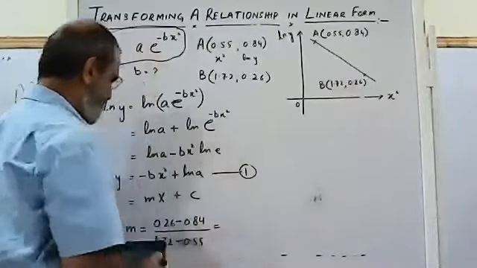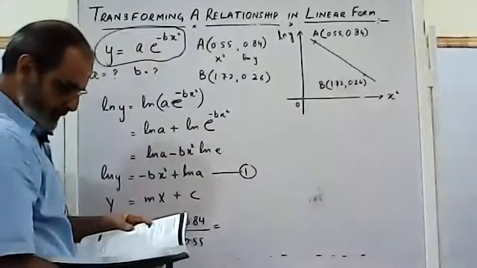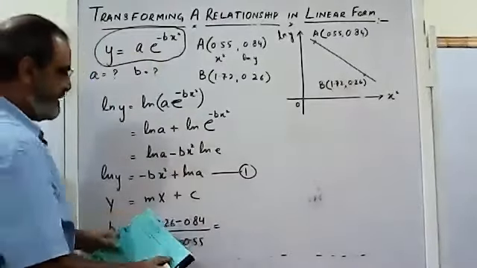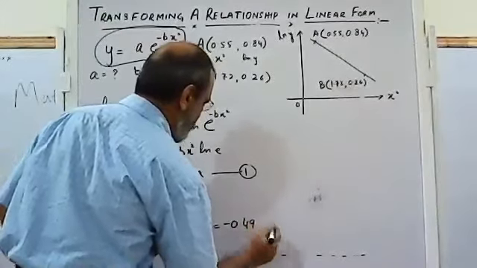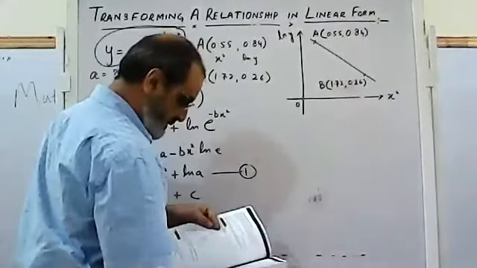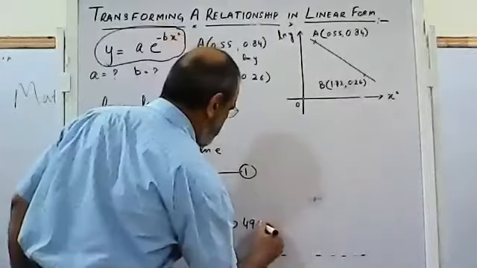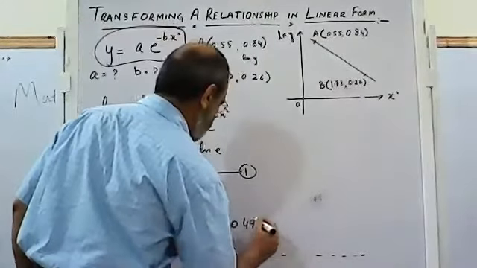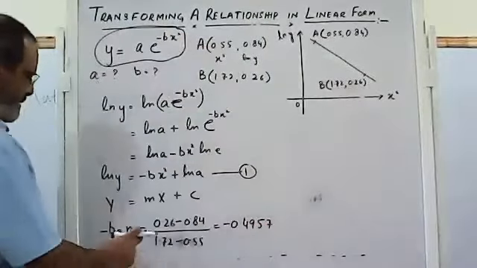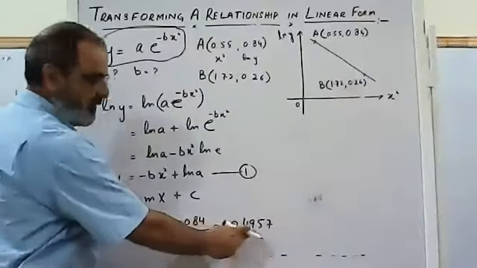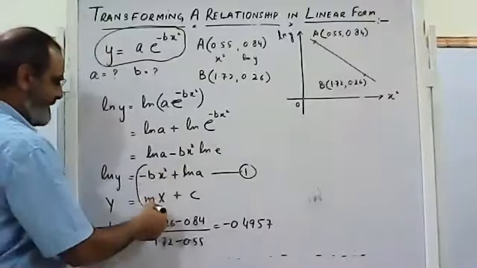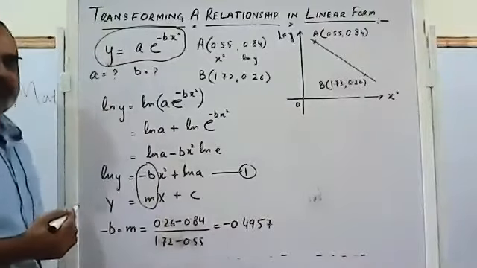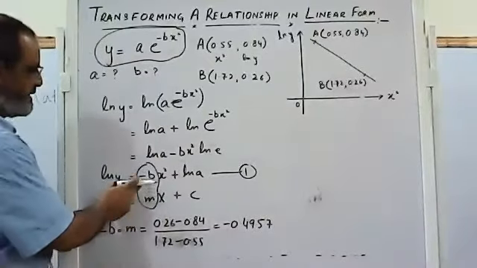That gives me the value minus 0.4957. So gradient is minus 0.4957. I know that the gradient is equal to minus b.